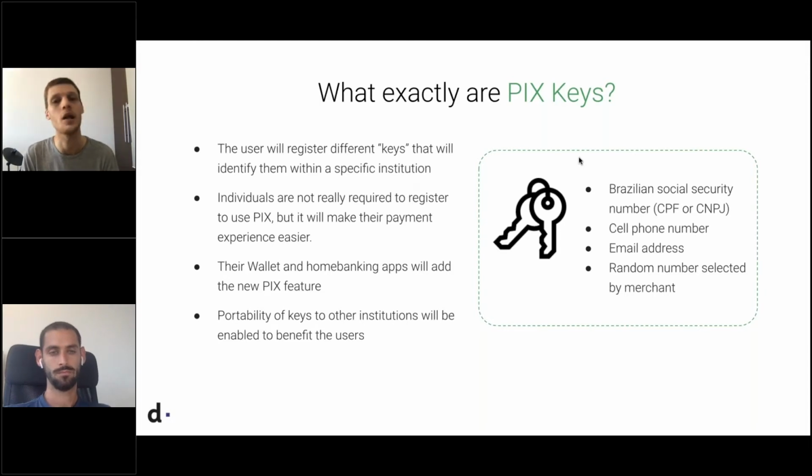Here, for example, are similar payment systems such as IMPS and UPI in India. You see that they have a VPA, the virtual private address.